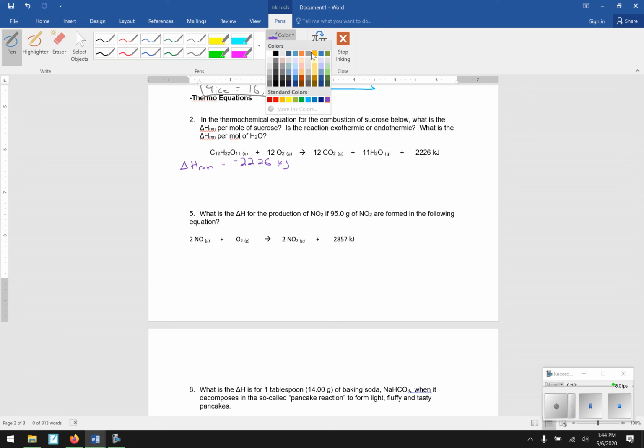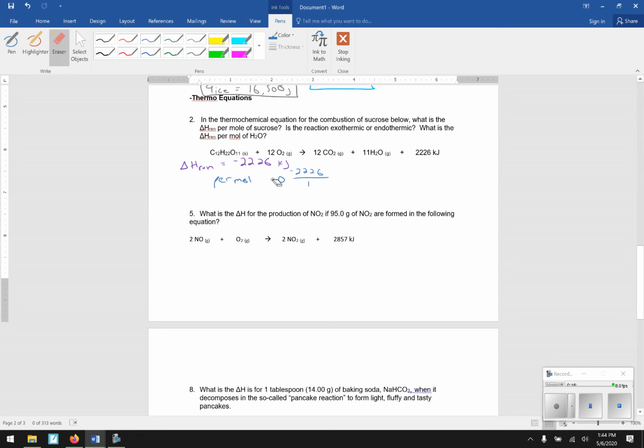So all we're going to do is take that number, per mole, sorry, not per H2O, I'm going to start with sucrose.